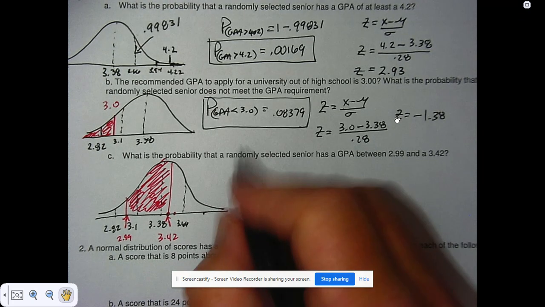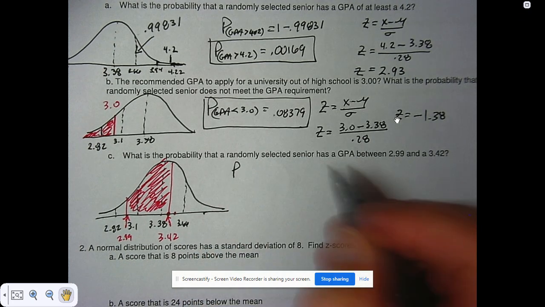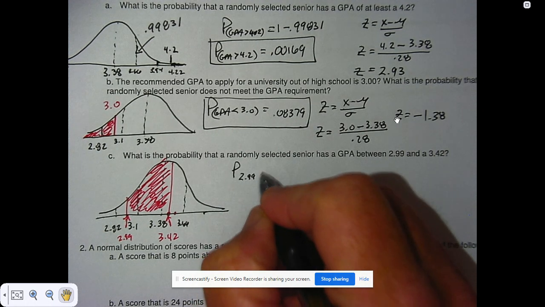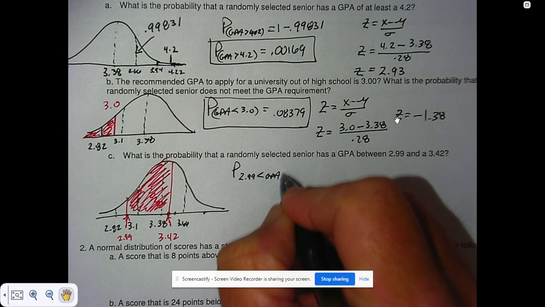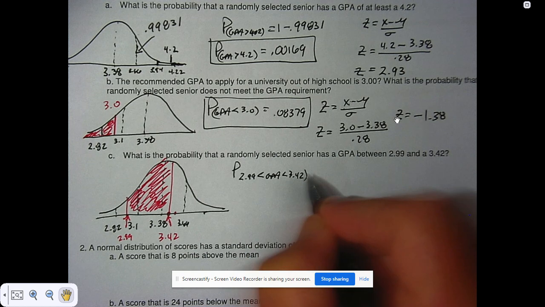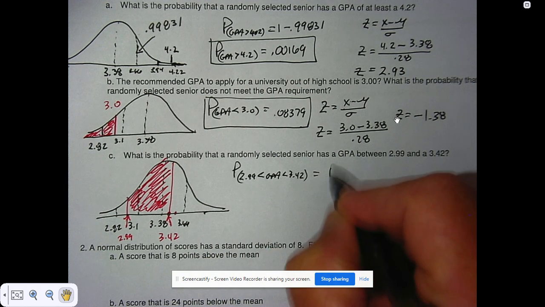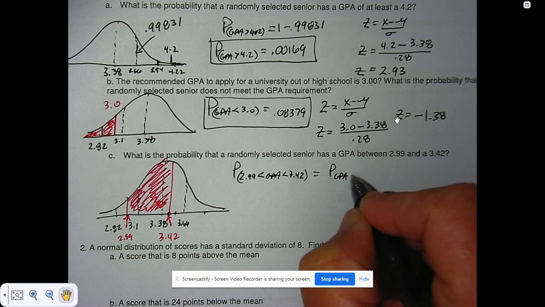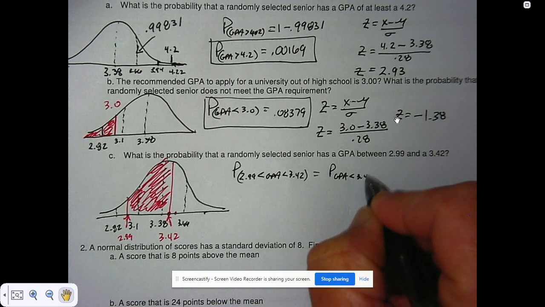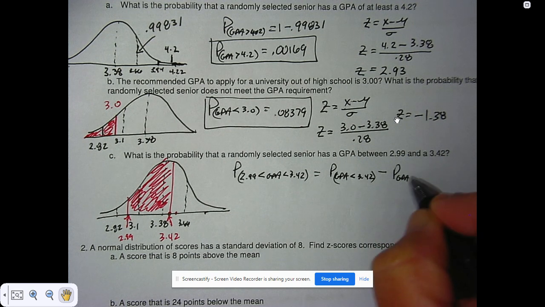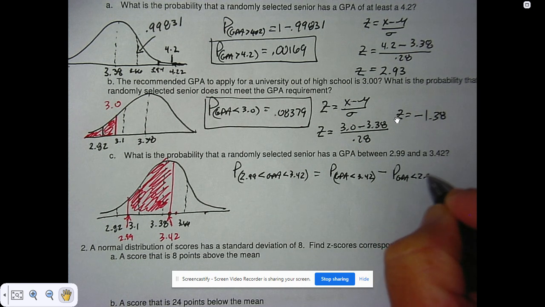So to do this, probability to get our GPA between 2.99 and 3.42. This is for a randomly selected senior. I'm going to have to get the probability of that GPA being less than 3.42 and subtract that from the probability of GPA being less than 2.99.